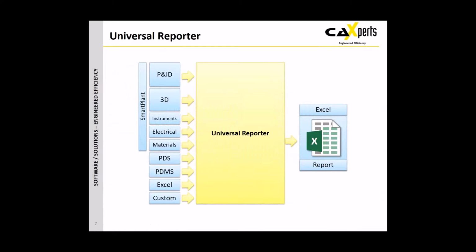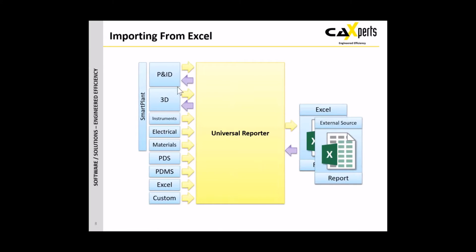Coming back to that graphic where we're looking at the P&ID, 3D, and all of the other applications that can feed Universal Reporter, these are all one-way arrows at the moment, but clearly what we have is the ability to write back information to those native applications.